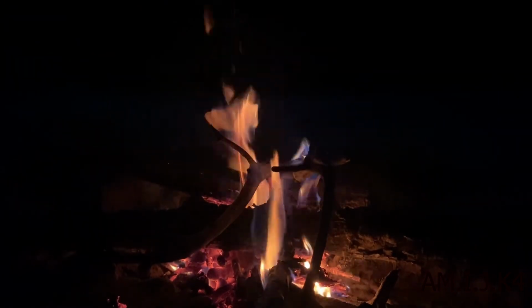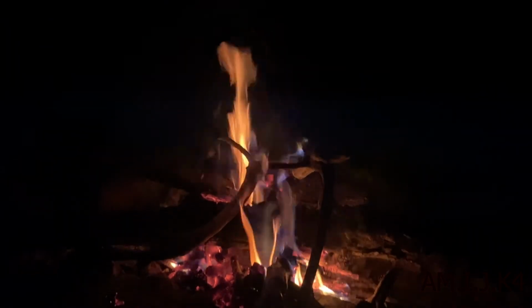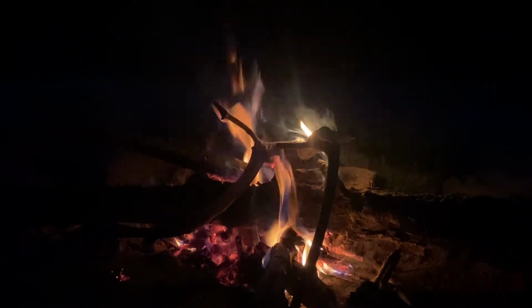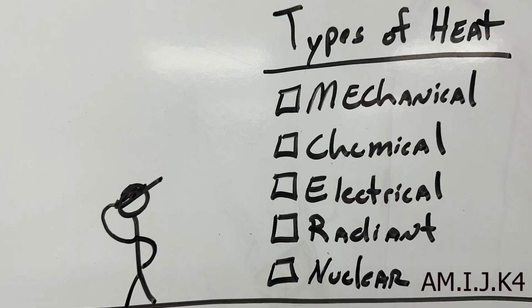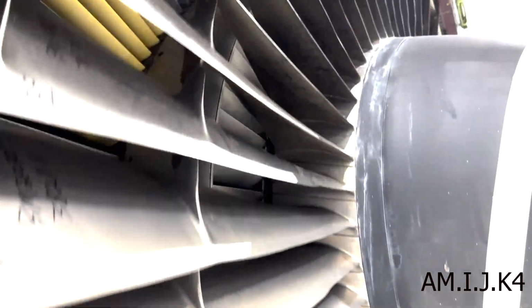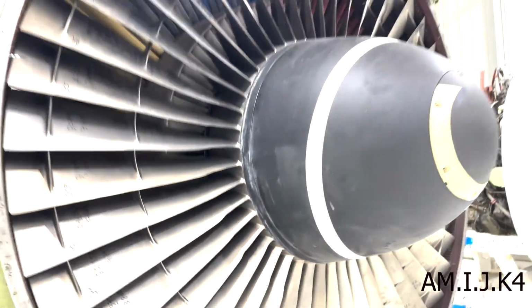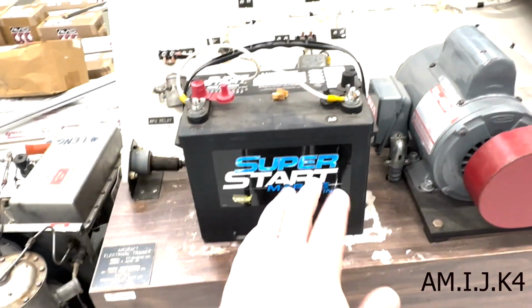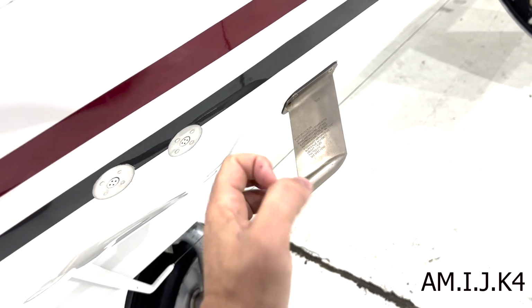Heat is a fundamental form of energy, stemming from the conversion of other energy types. It can be described as the total kinetic energy of a substance's molecules. Various forms of energy can be transformed into heat energy. Mechanical energy, generated by methods like friction, impact, or compression. Electrical energy, converted into heat when current flows through resistance.